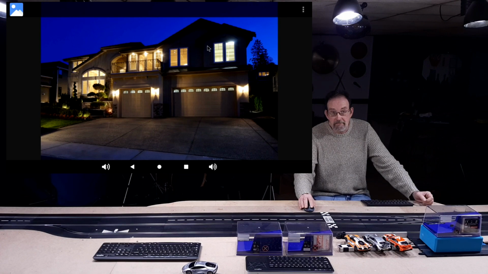But this looks like it might be lit with more of a fluorescent style of lighting. Same thing with the garage. We can see it's lit with a cooler white than the rest of the house, indicating the garage is fluorescent and these are incandescent. So don't be afraid to vary the color temperature of your lighting where you feel it's necessary to help achieve a little variance in how things look.